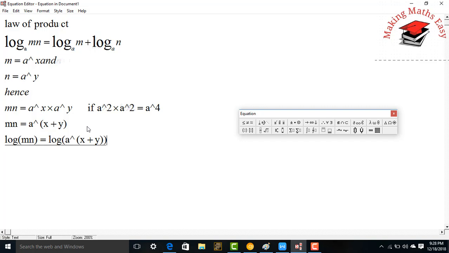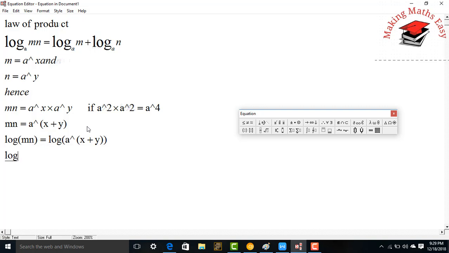According to the properties of logarithm, if any function has a power, it comes in the front according to the law of logarithm.